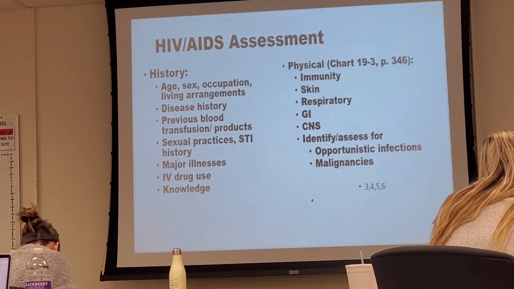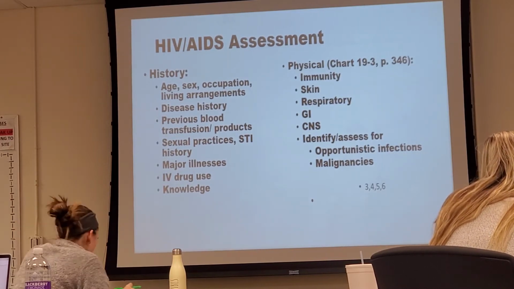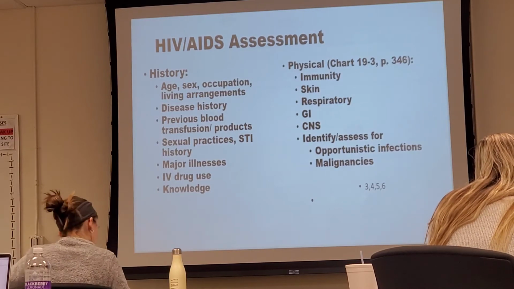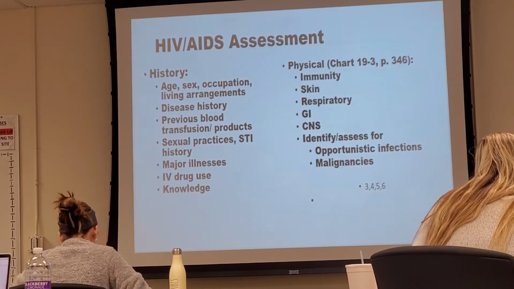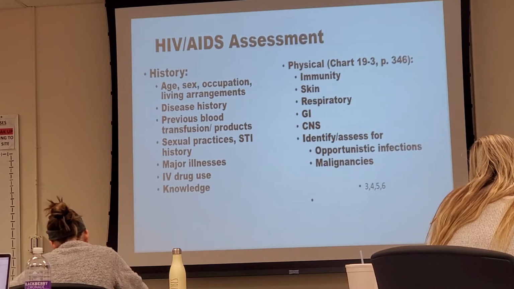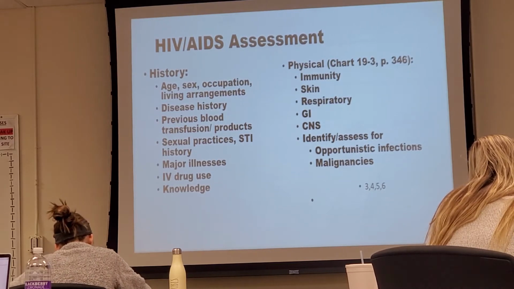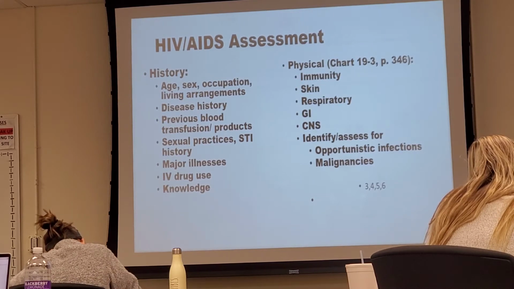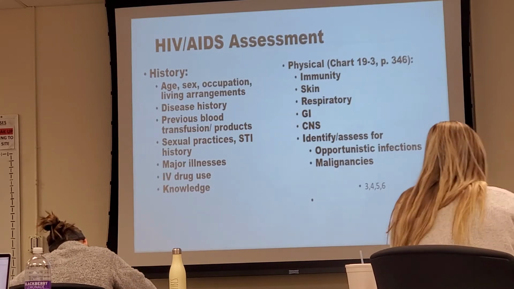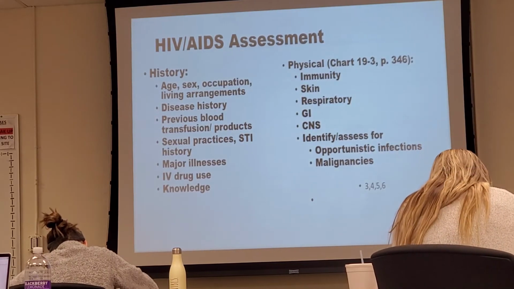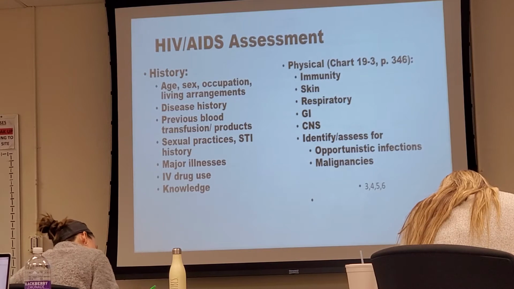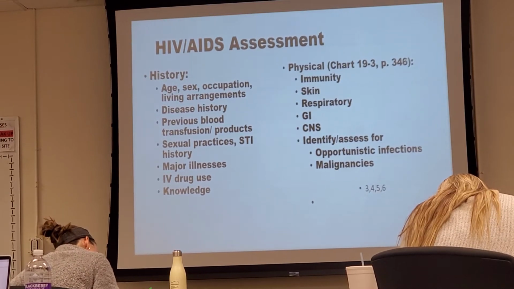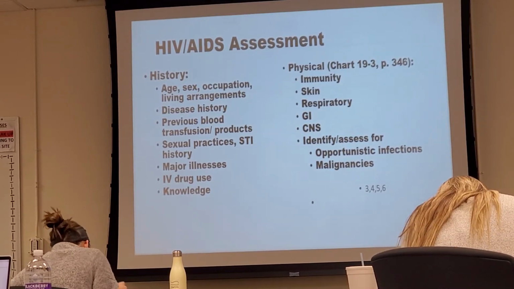Okay. So when you do your assessment, it's a big assessment. Some people we tend to skip over their sexual history and practices and if they've had sexually transmitted infections, if they come in with heart failure, maybe. But with this population, you can't skip over that. You do have to ask them if they are IV drug users, even if there's no indication or if they ever have been.